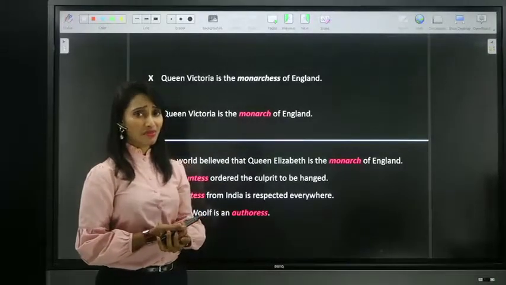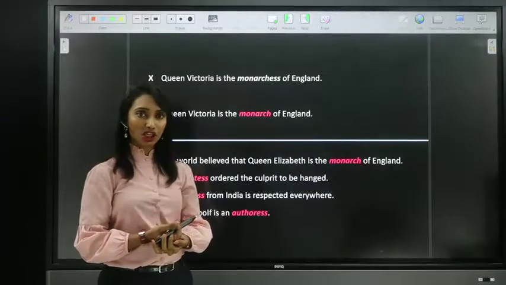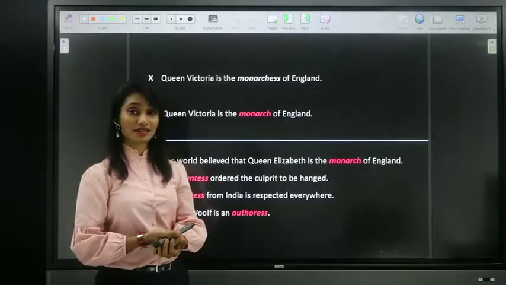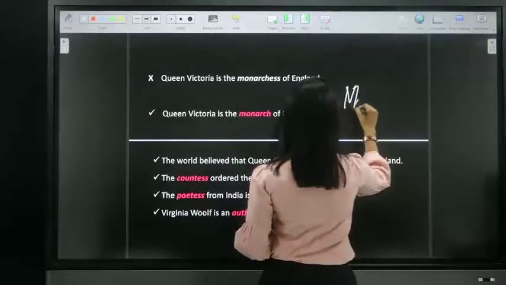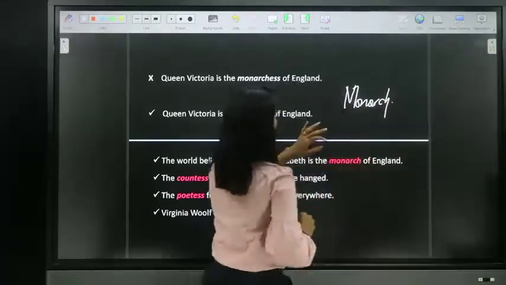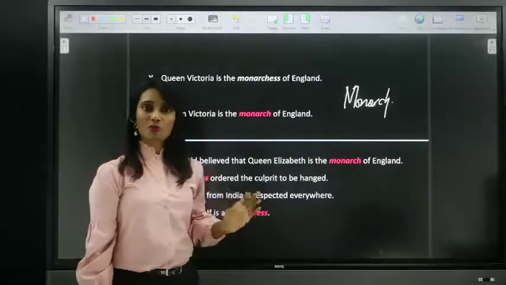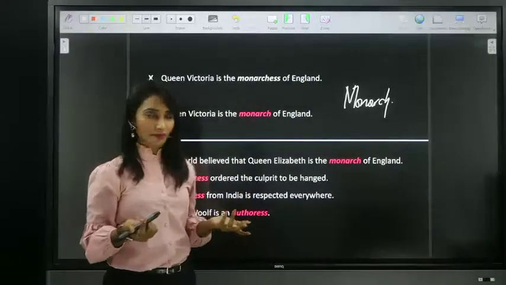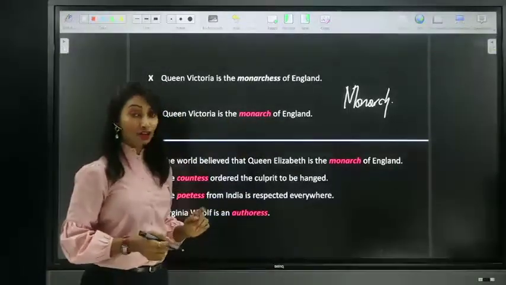But remember, for other common nouns like doctor, professor, magician, musician, we do not have gender distinction. So does monarch. Monarch is similar in both masculine and feminine. There is no monarchess. You cannot add ess to every noun to make it feminine. So, Queen Victoria is the monarch of England, not monarchess.